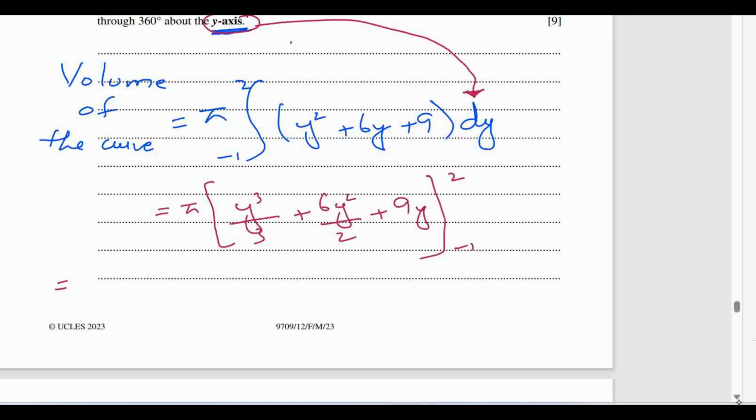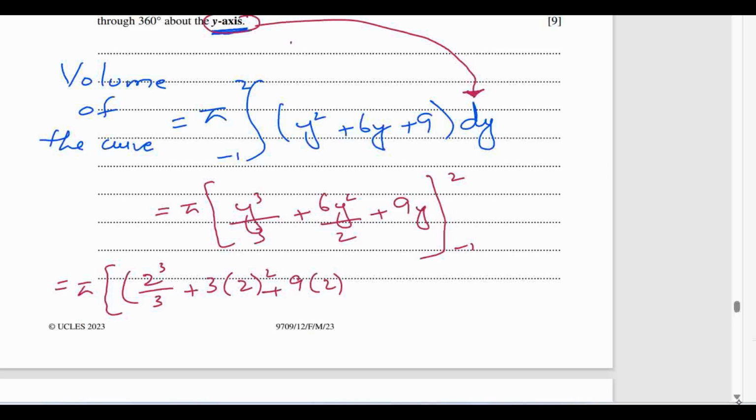So this will be pi into y cube, what will it be, upper limit minus lower limit. So 2 cube by 3 plus 3 into 2 square plus 9 into 2.